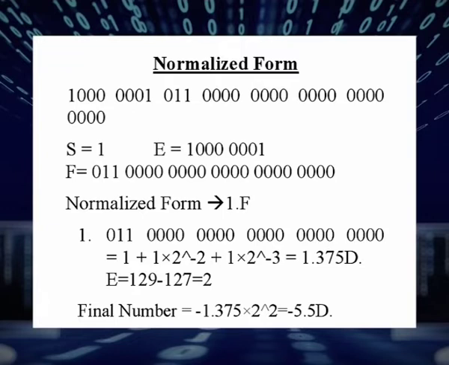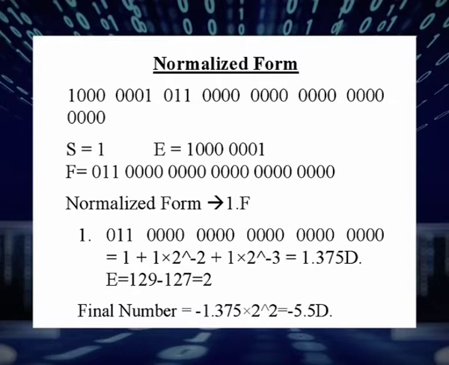In normalized form, the actual exponent is e minus 127, so called excess 127 or bias 127. This is because we need to represent both positive and negative exponent. With an 8-bit e ranging from 0 to 255, the excess 127 scheme could provide actual exponent of minus 127 to 128.